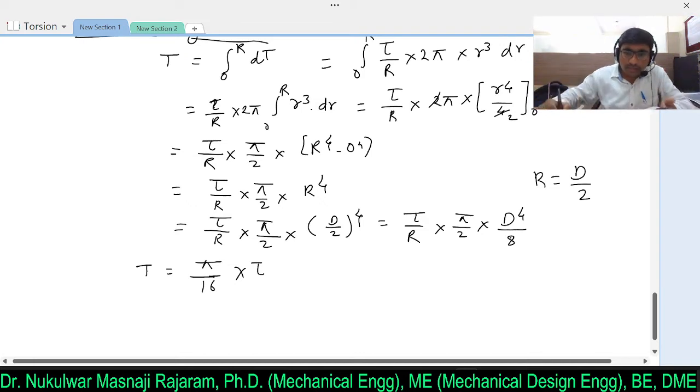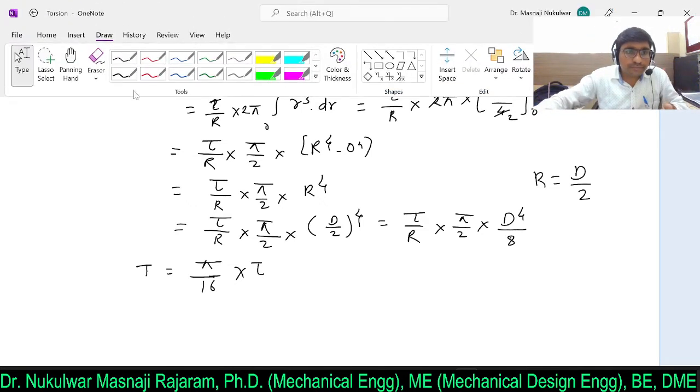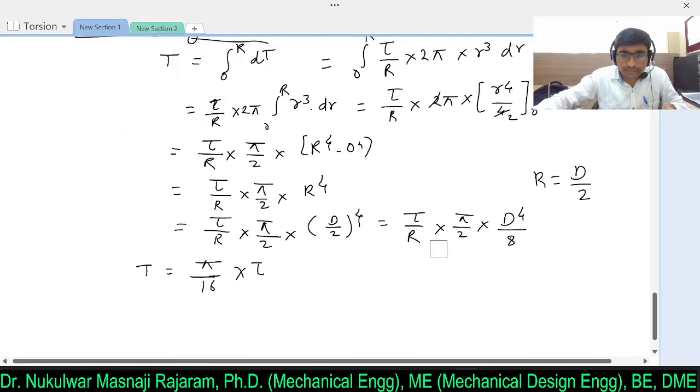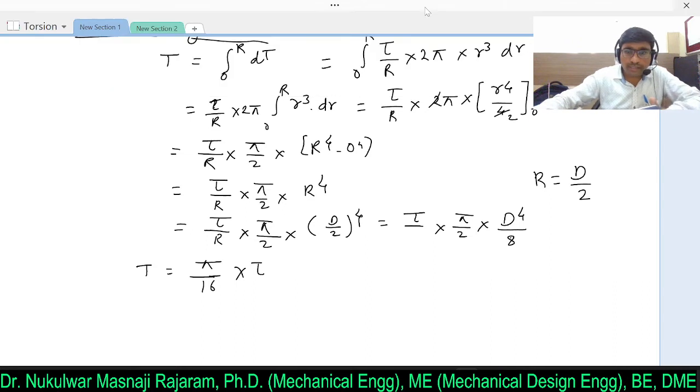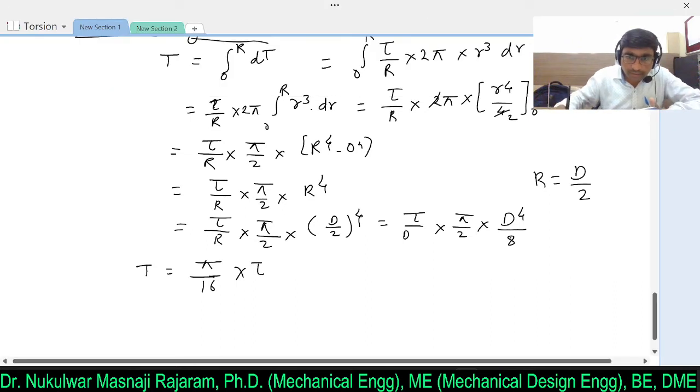It is different. Here again we need to put r. Here instead of r, I will write d by 2. Clear? So 2 raised to 4, it is 16.